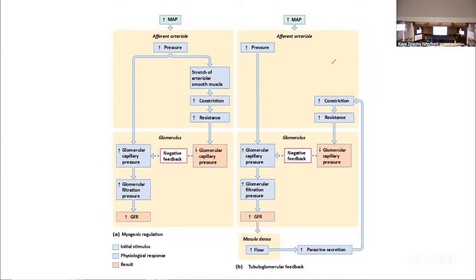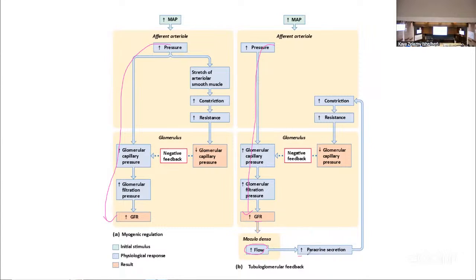Now we can see our other pieces of the regulation here. Another thing that's happening is, if you let this flow all the way through, that's the same thing that we have here, right? So if we're dealing with a high glomerular filtration rate, those macula densa cells in the distal parts of the nephron are sensing a greater flow of fluid past them.